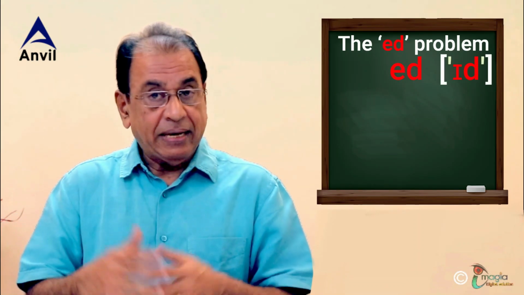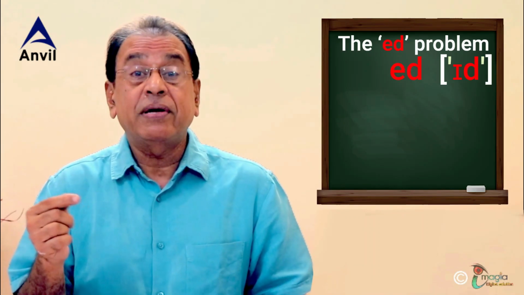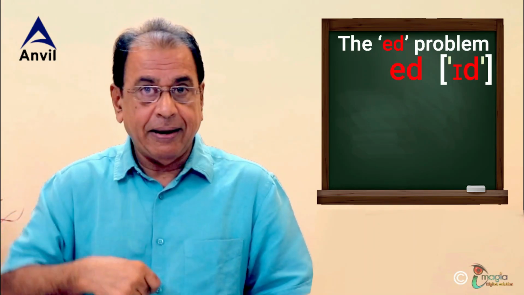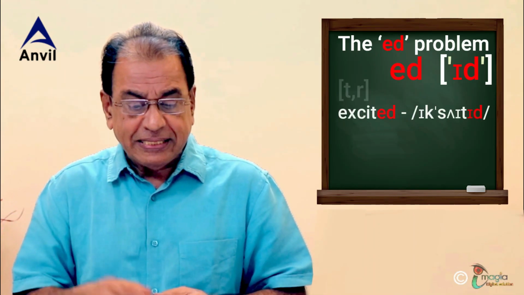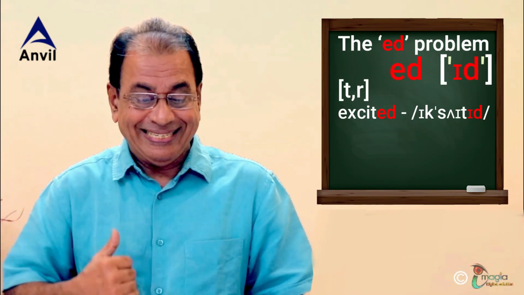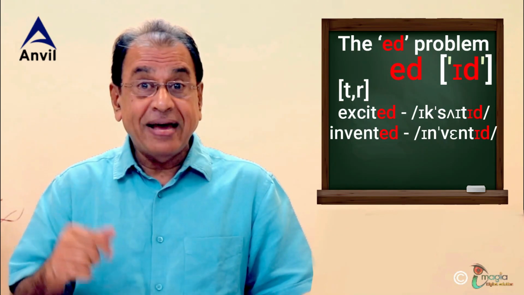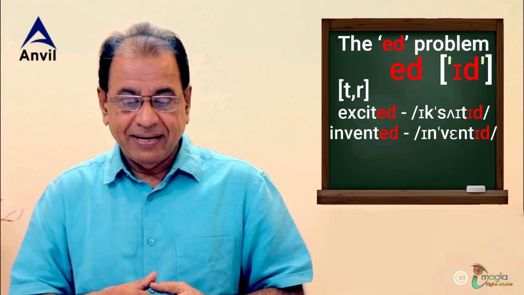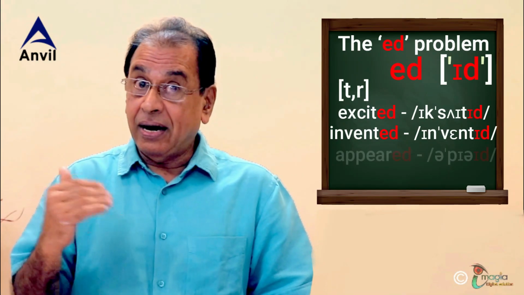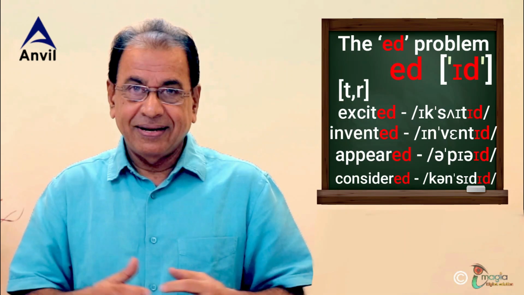For example, I can just quickly quote a few examples where you can pronounce the ED as id. For instance, excite, excited. Invent, invented. Okay? Then you have words that end in R, appeared, considered.